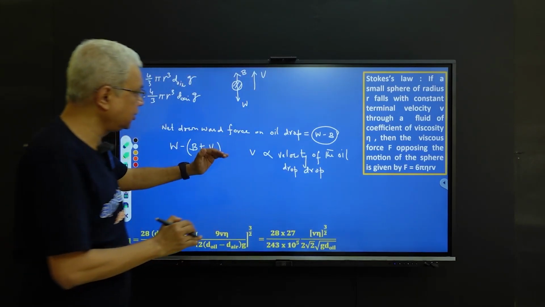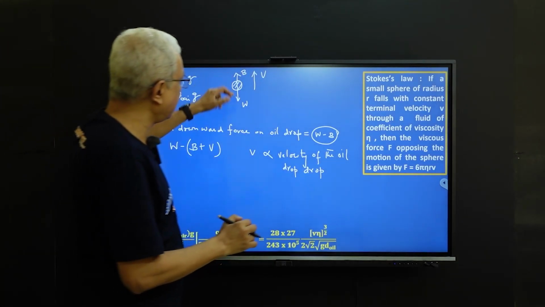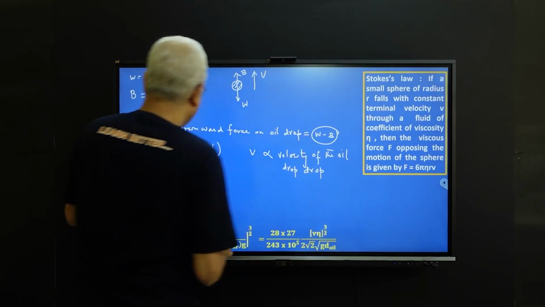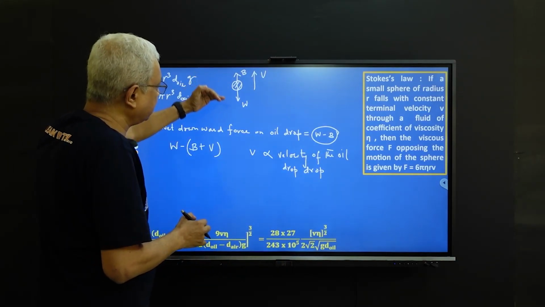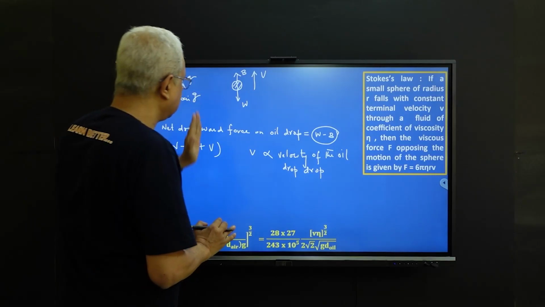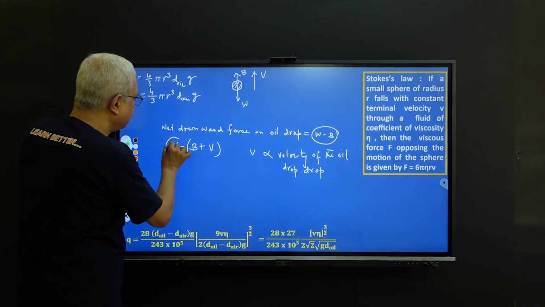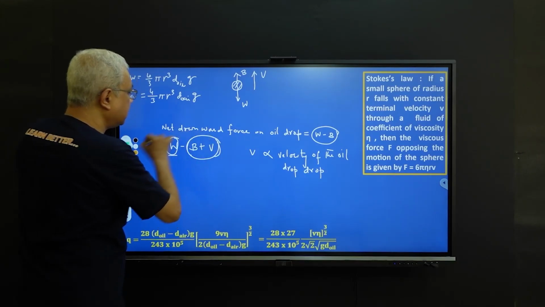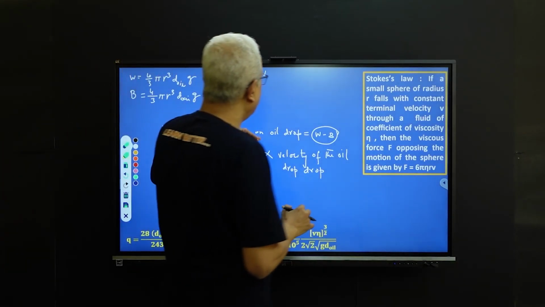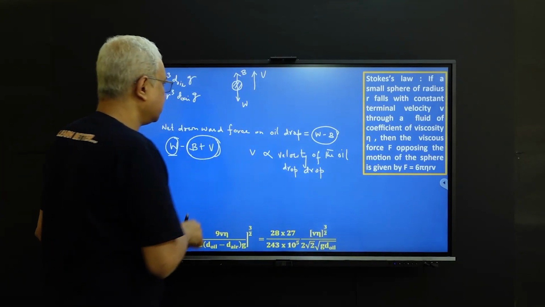The oil drop's velocity is increasing because there is a net downward force W minus B. And as the velocity increases, the viscous force is increasing. And ultimately, when W becomes equal to B plus V, then the oil drop falls with terminal velocity.